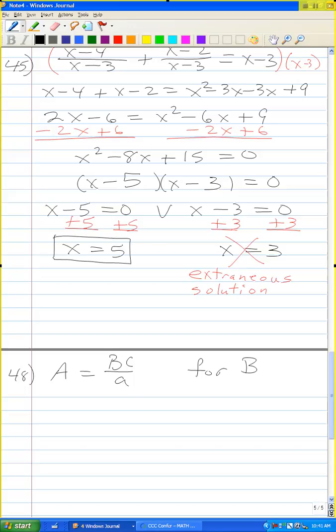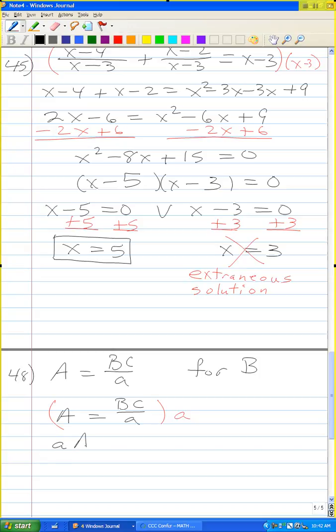So A equals BC over little a. So in this case, I want to multiply both sides of my equation by the denominator, little a, so that I no longer have any fractions.